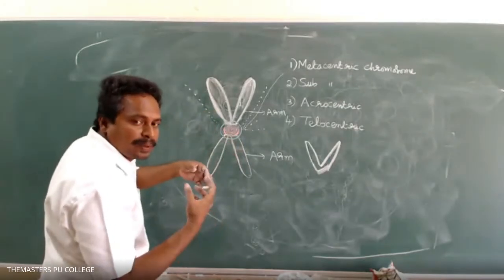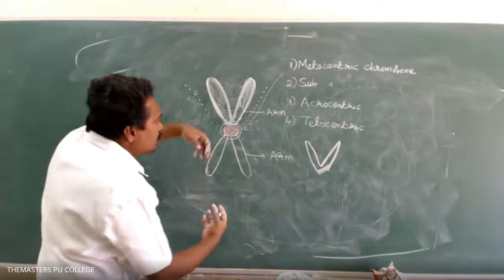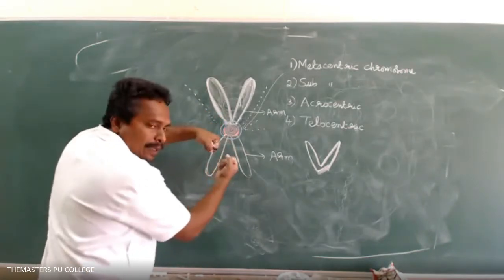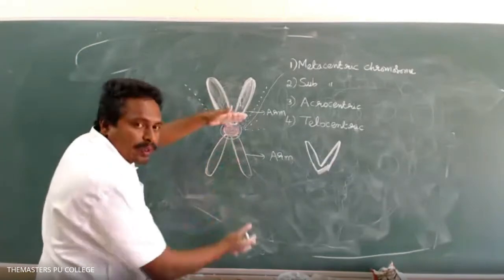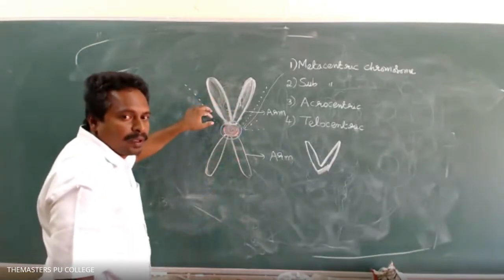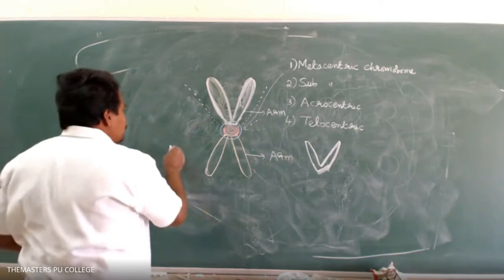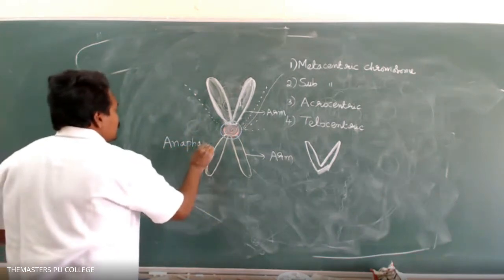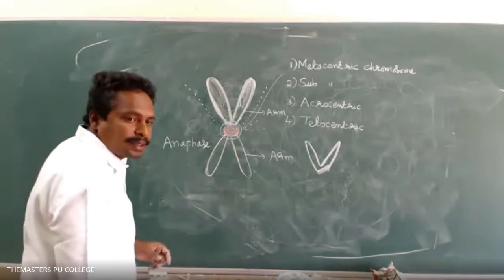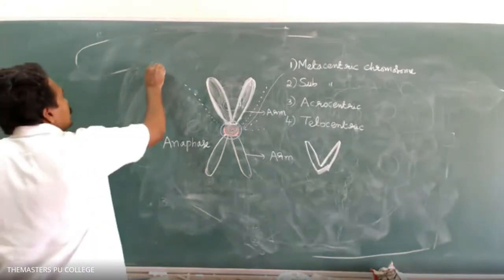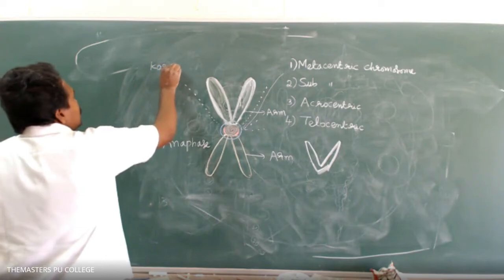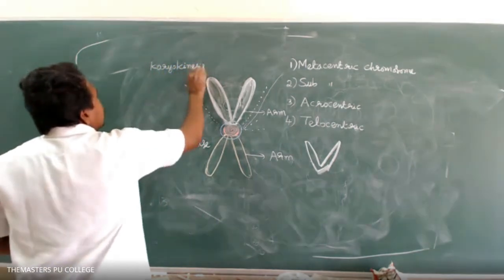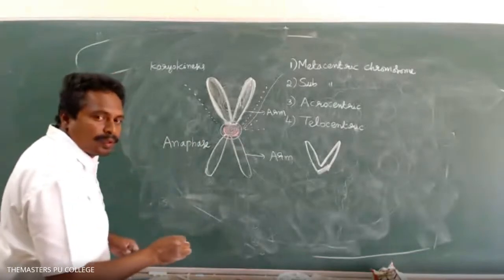What is the function of spindle fibers during cell division? The spindle fibers are involved in the splitting of the chromosomes in one of the phases. What is karyokinesis? Karyokinesis means the division of nucleus.